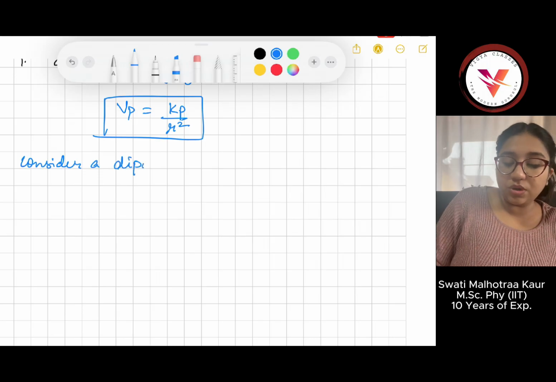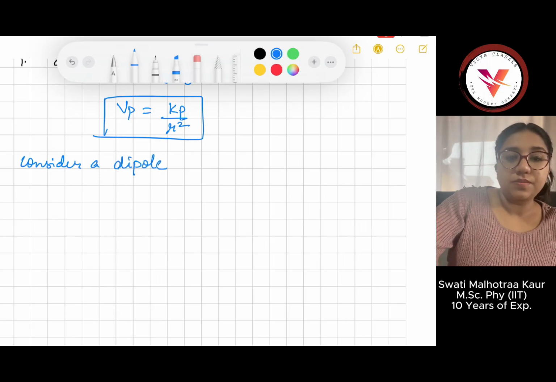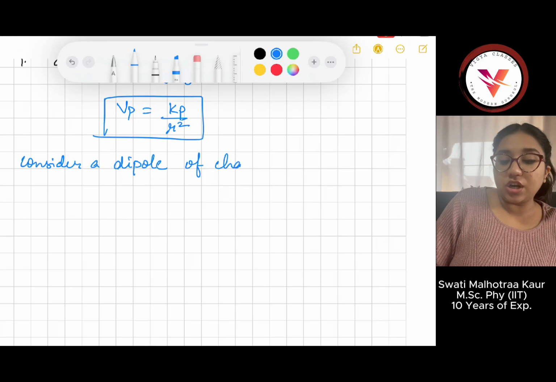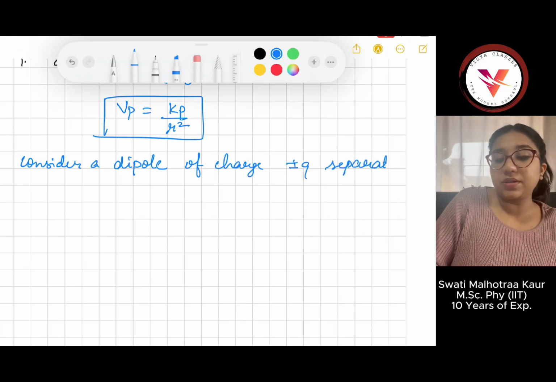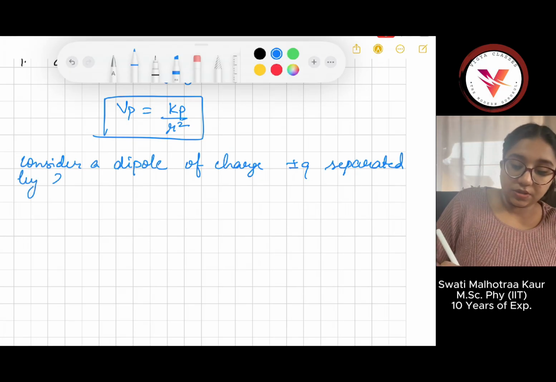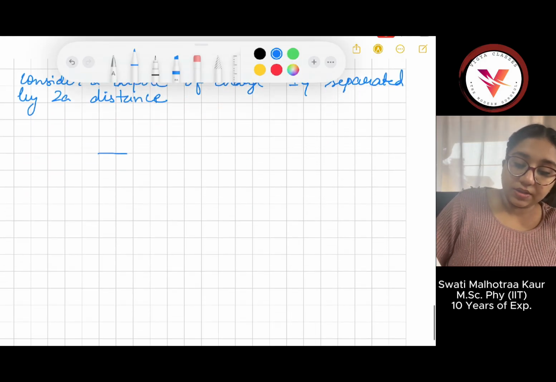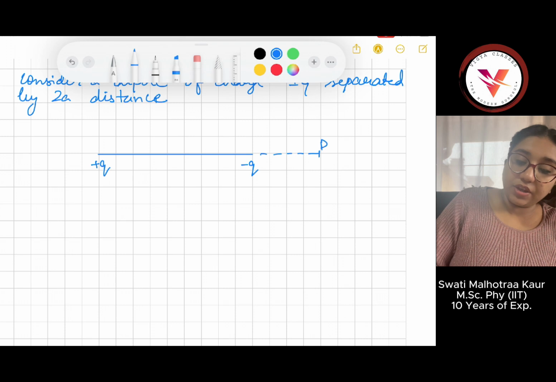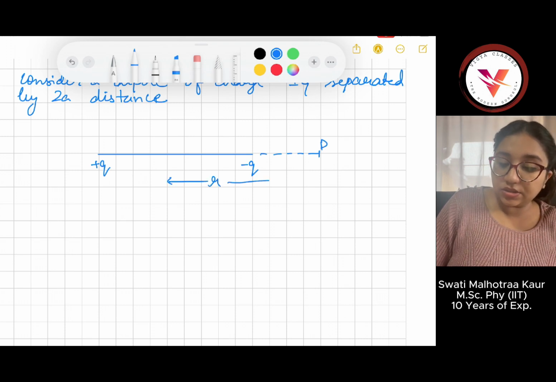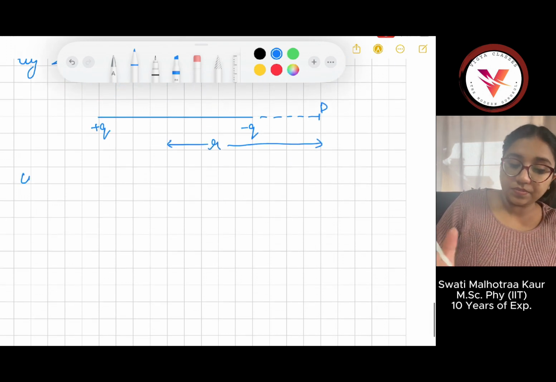consider a dipole of charge plus minus q separated by 2a distance. Okay. Now, it's very easy. It's plus q, again minus q, and we have a point P at a distance of r from its center.